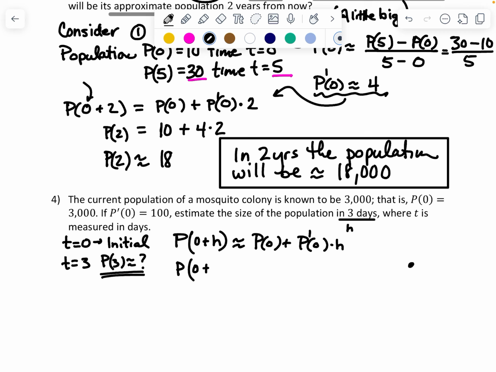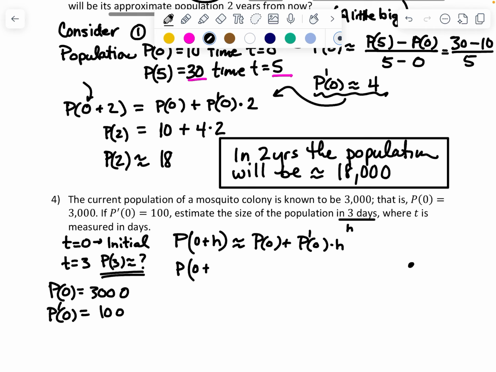So we do know p of 0 is equal to 3,000, okay? And then we know p prime of 0 is equal to 100. I know it says it right up there, but I'm just going to put it in.